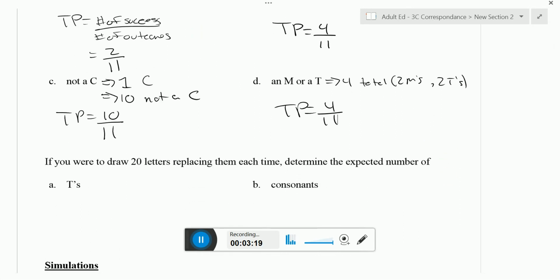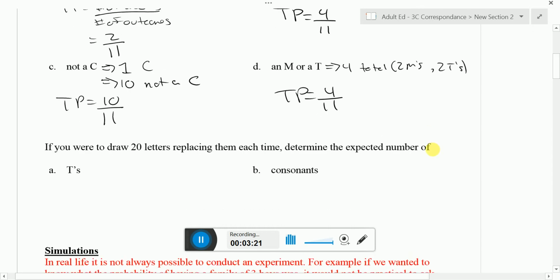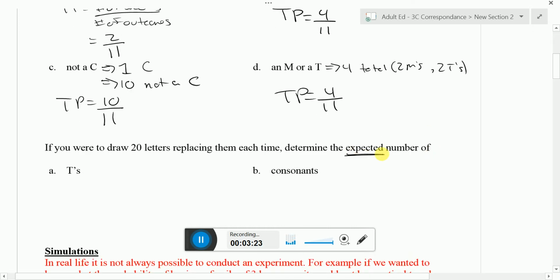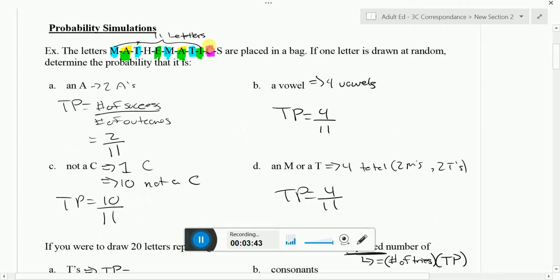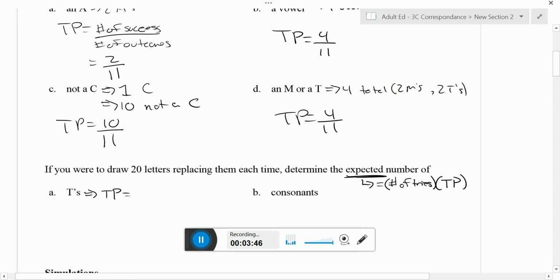Now we're going to continue with another thing we looked at yesterday, which is the expected value. Again, the expected value is equal to the number of tries times the theoretical probability of getting what you want. So with T's, if we look above, there are 2 T's, so the theoretical probability is 2 out of 11. We're doing this 20 times.